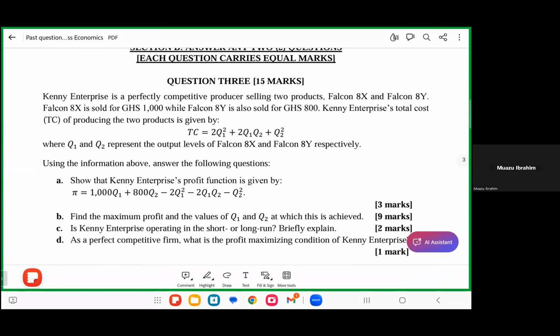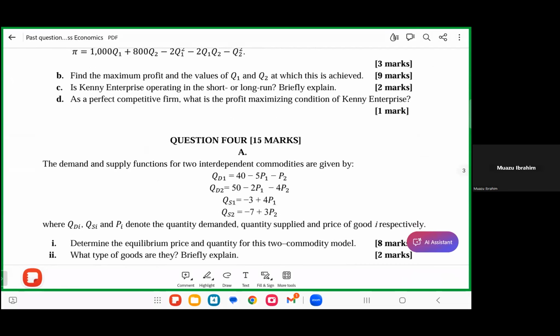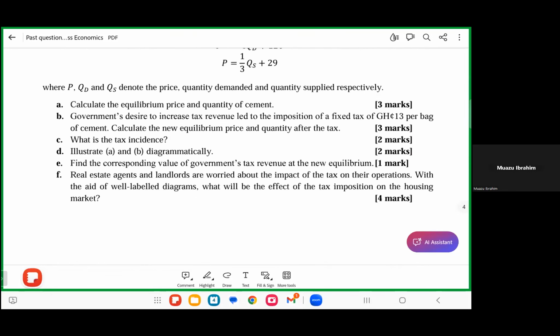Excellent. Can you see my screen? Can you see this question? Yes, please. Okay. So now, how do you solve such a question?